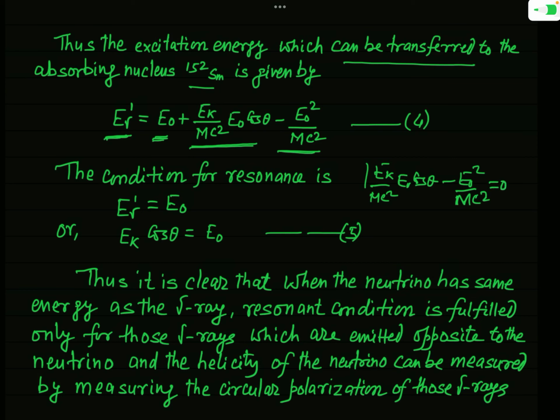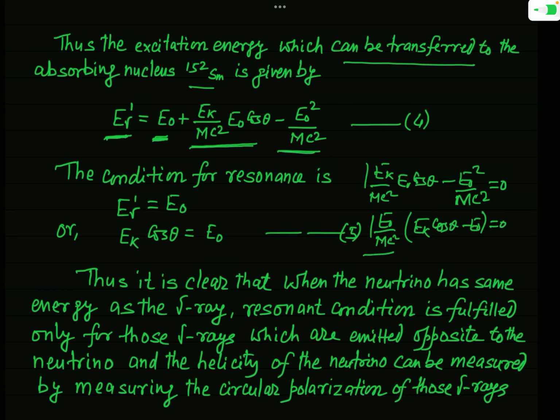This will be equal to 0, because E gamma prime is equal to E naught, so this term should be 0. And if this is 0, you can see that E naught by mc square is a common factor, and inside the bracket there will be Ek cos theta minus E naught, and that will be equal to 0.